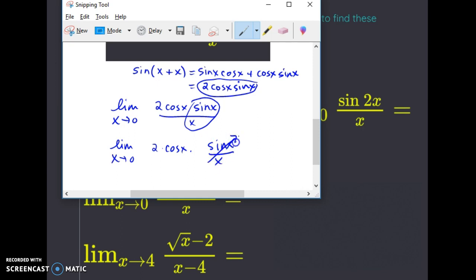And this part goes to 1. So I'm left with 2 times cosine of 0. But cosine of 0 is 1. So I'm left with 2. Okay, so that's another strategy. You might have to rewrite trig functions and recognize limits that you've seen before.